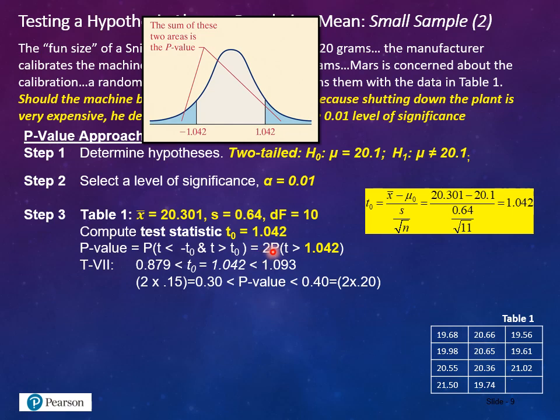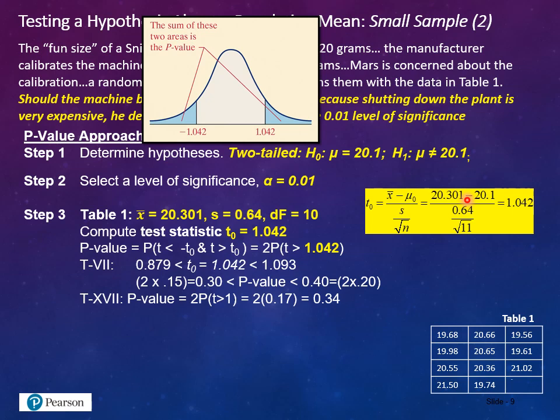Well, remember, we're using 2 times the probability, since the area is based on a symmetrical distribution. So we know that the p-value has to be between 2 times 0.15, which is 0.30, and 2 times 0.20, which is 0.40. So we know our probability is somewhere in this range.